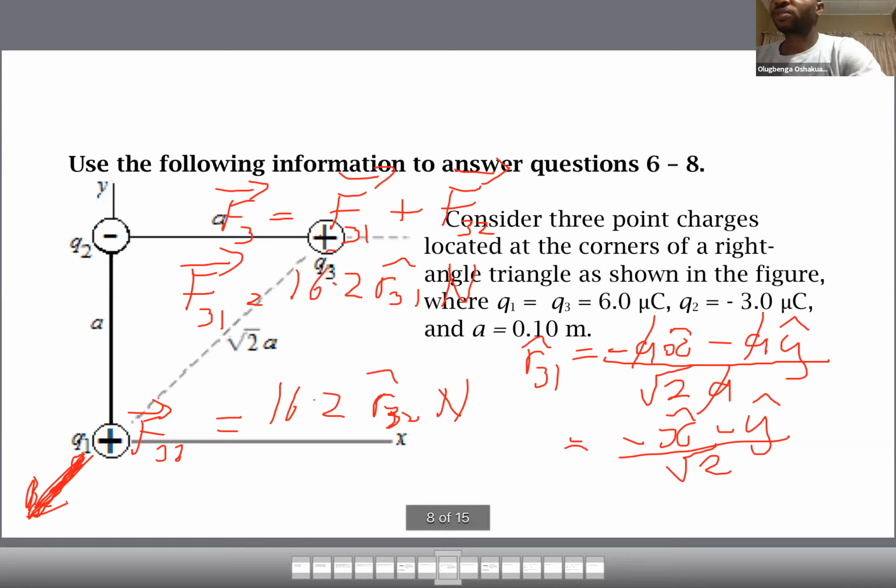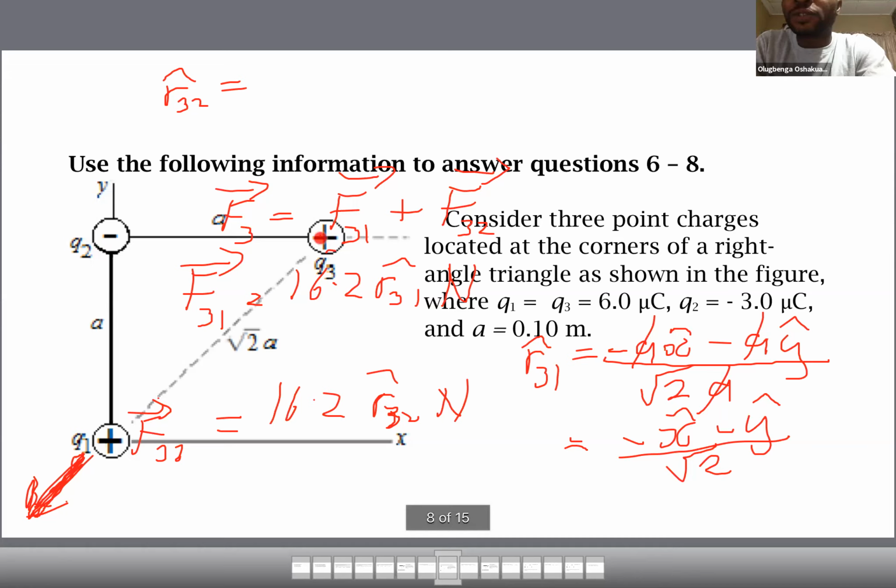So let's also calculate the value of R32 caret. I think we have done something similar before.